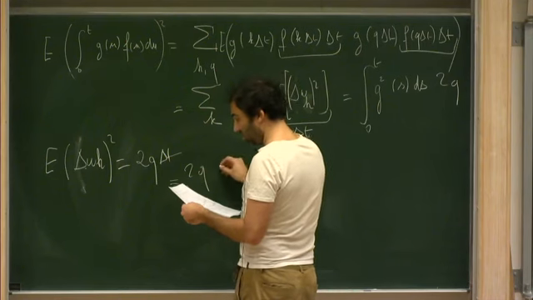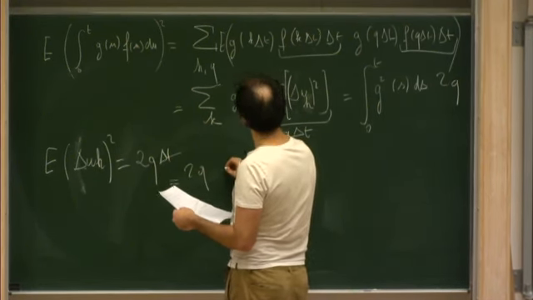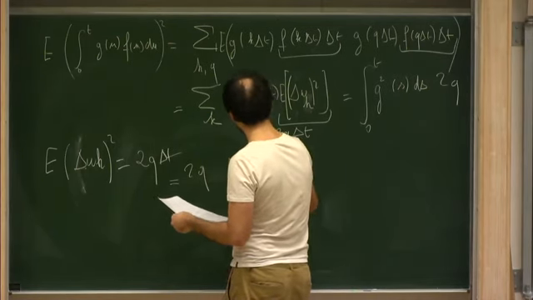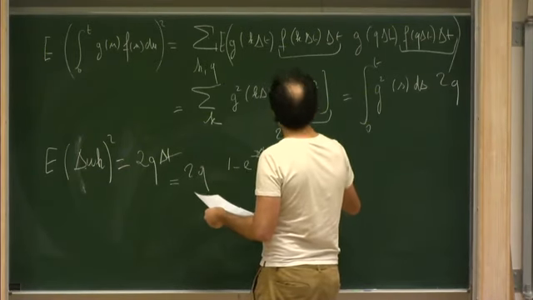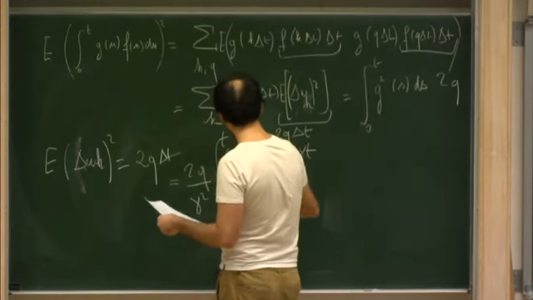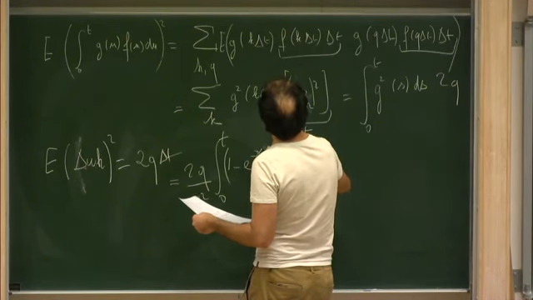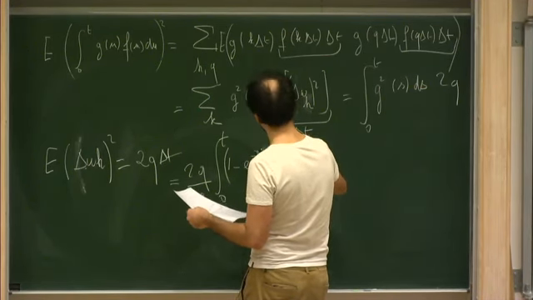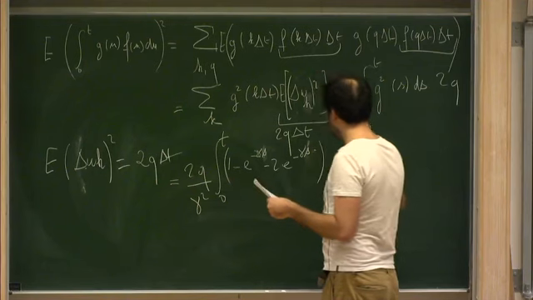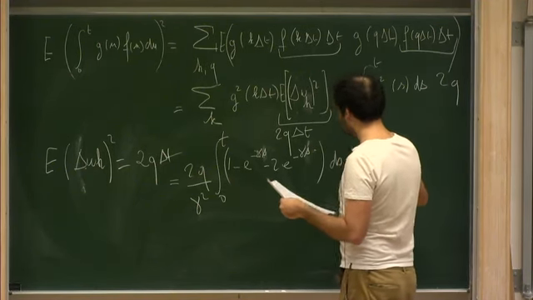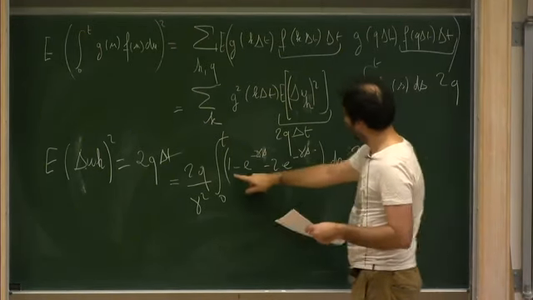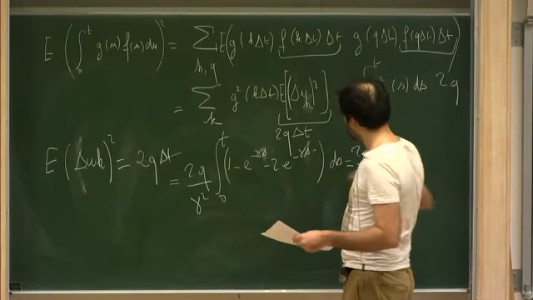So now what is this? You have to integrate twice: 1 minus exponential minus gamma t, squared, which is 1 minus 2 exponential minus gamma t plus exponential minus 2 gamma t, divided by gamma squared. And we integrate this from 0 to s, ds, with 2q divided by gamma squared. Just integrating 1 from 0 to t gives you t.